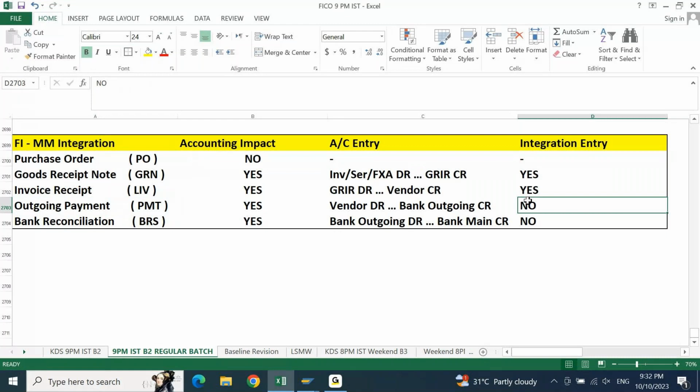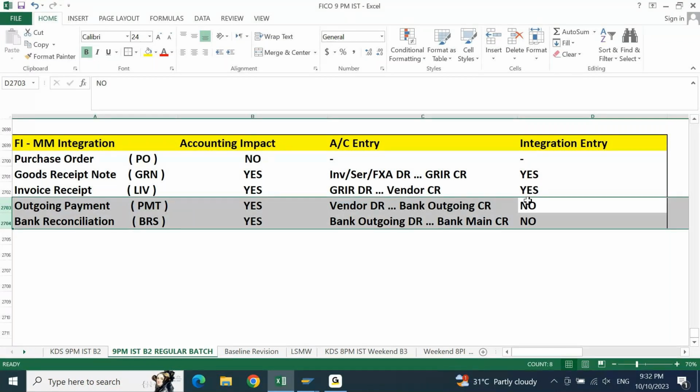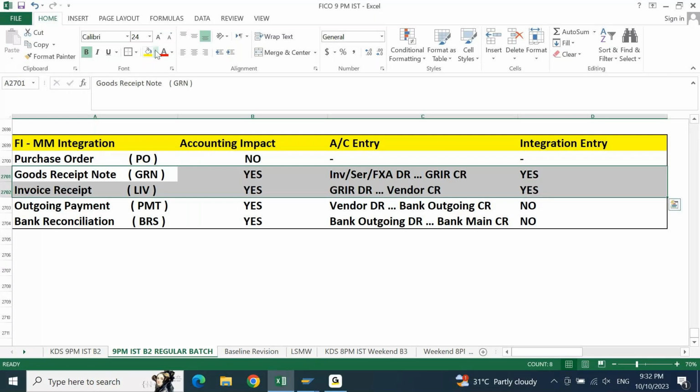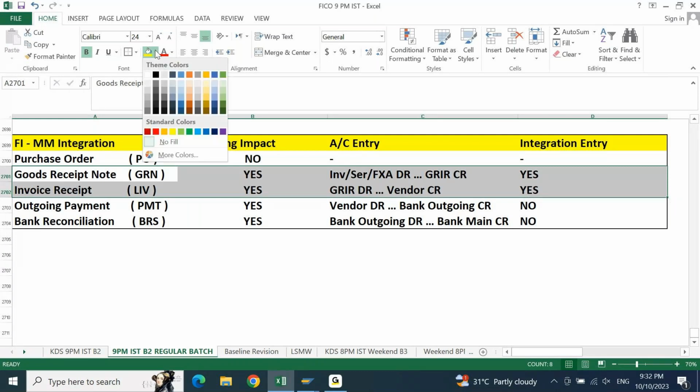Outgoing payment, no, this is not the integration related entry. BRS is also not the integration related entry. These are direct FI entries, direct FI JVs. These are not related to FIMM integration. These are part of your P2P cycle, not the integration. Your FIMM integration is only these 2 points.